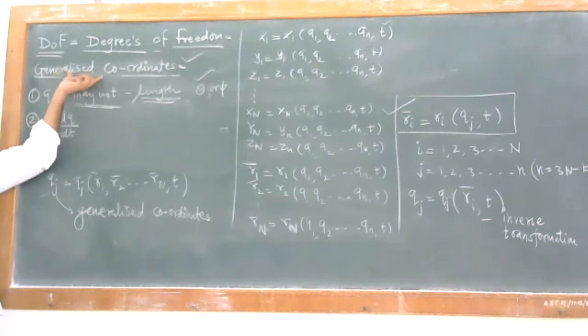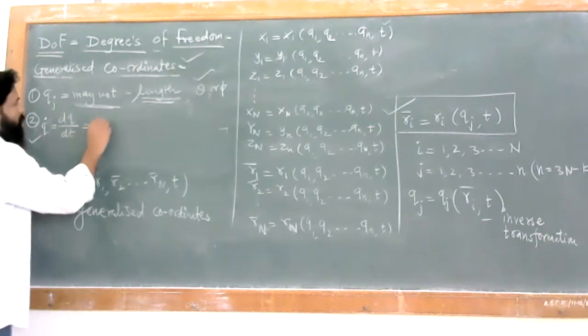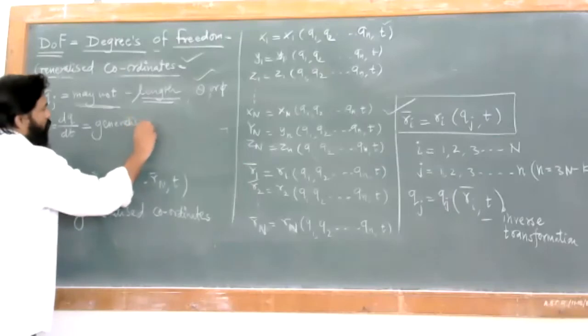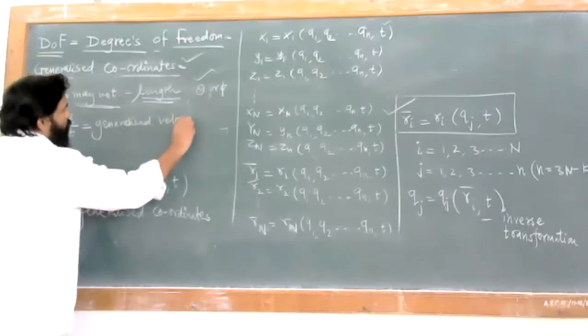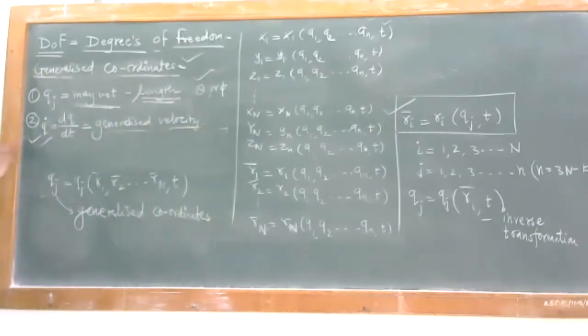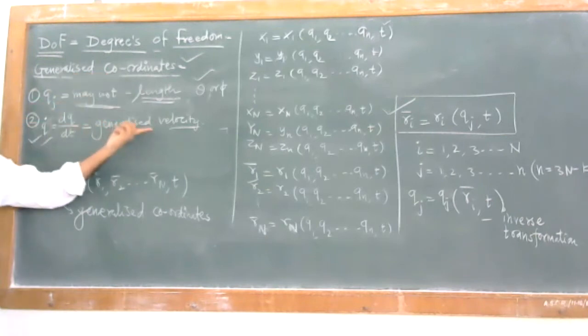Qj is generalized coordinate. What is q dot? This is called as dq by dt. It is called as a generalized velocity. Does everyone follow? q dot is dq by dt. Okay, qj or q is known as generalized coordinate, and so this q dot is called as generalized velocity.